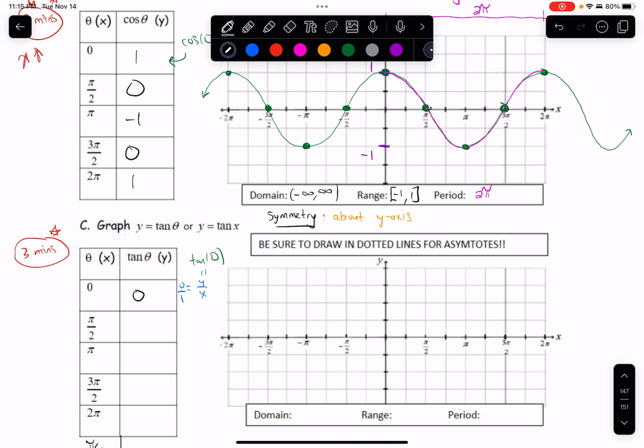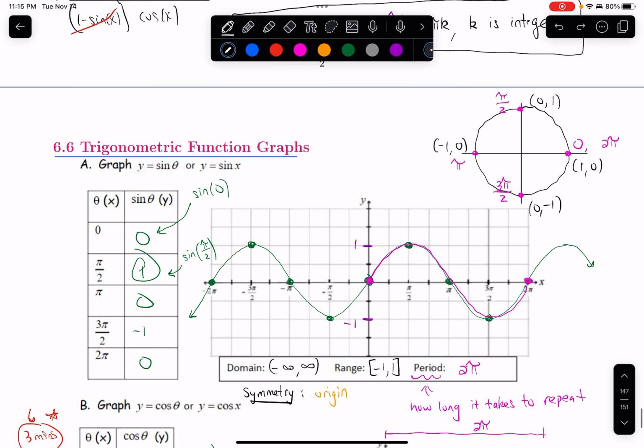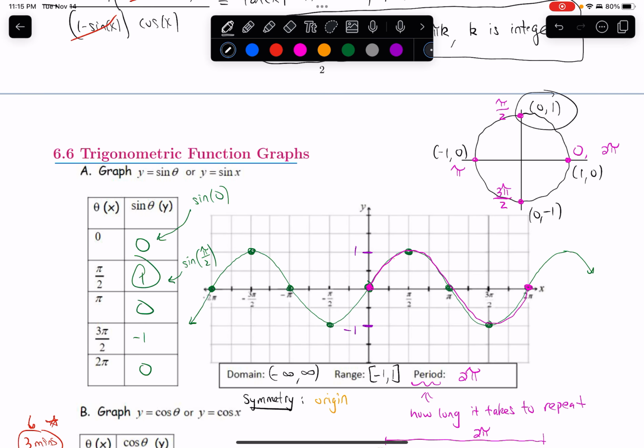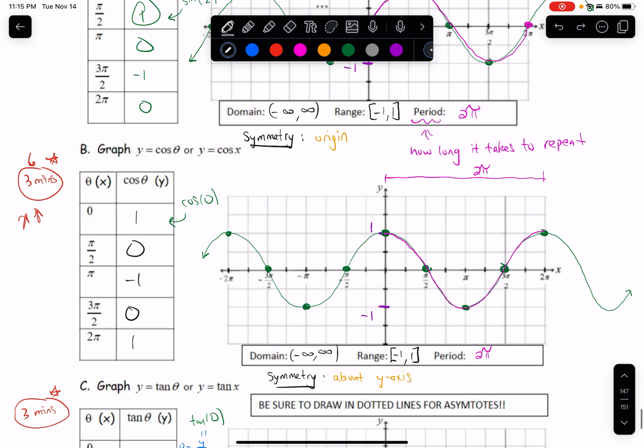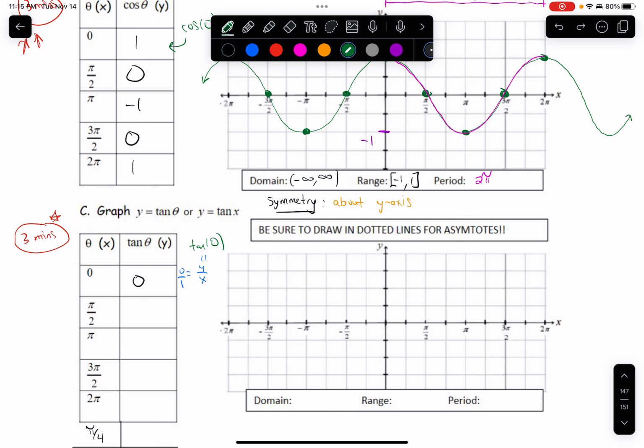Okay, awesome. What about at pi over 2? At pi over 2, if I do y divided by x, y divided by x up here will give me 1 divided by 0. But I can't divide by 0. That's undefined. Okay, so that's a bummer. What about at pi?